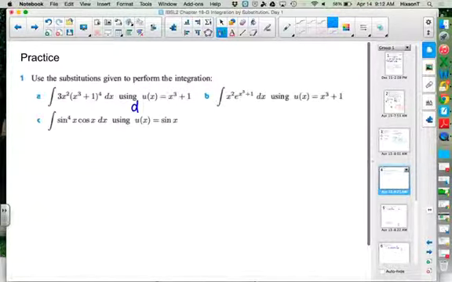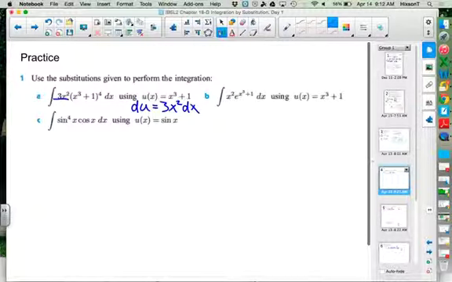What would du end up equaling? 3x squared dx. So there's our du.